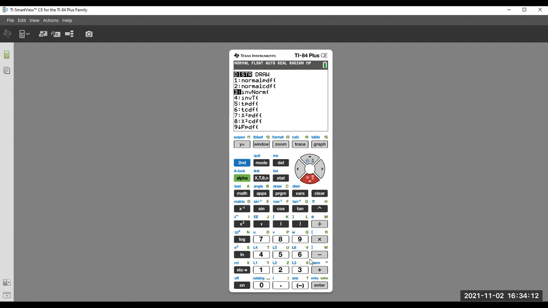I believe I still have my stat wizard turned off. So I'll enter in that area that's off there to the right, excuse me, to the left, 0.10 divided by 2. Yes, that is 5%. Not hard to get to, by the way. There we go. Blow on it once for luck. And a negative 1.645.